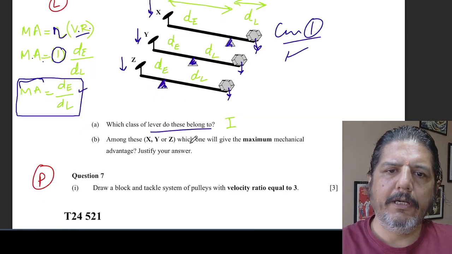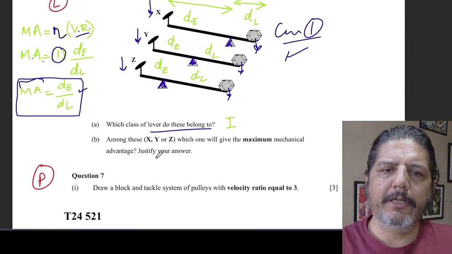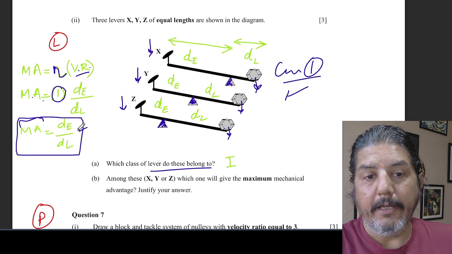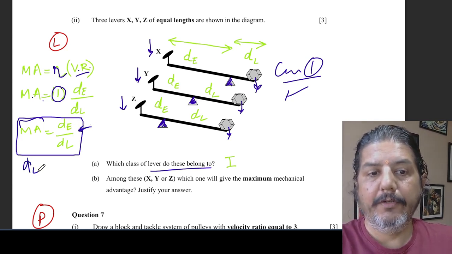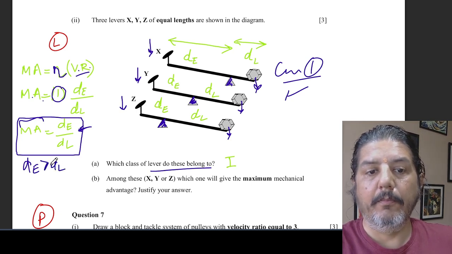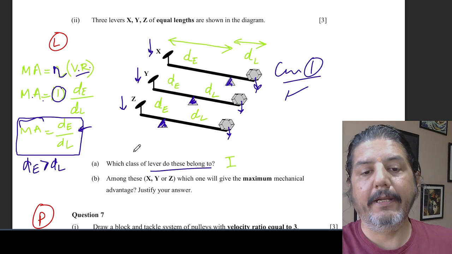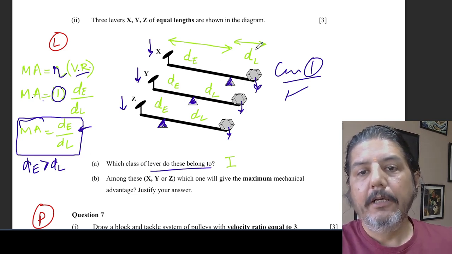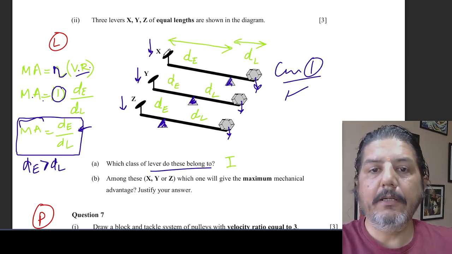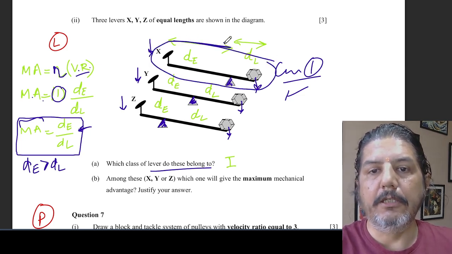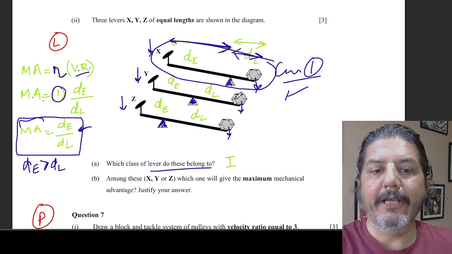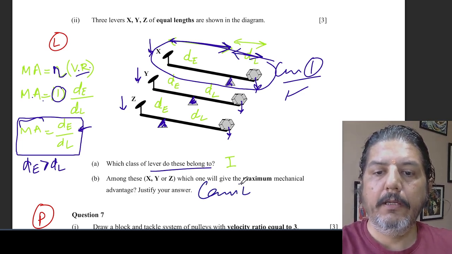And now when the question is being asked, which will give the maximum mechanical advantage, it is the figure which has more dE than dL. Whichever figure has more dE than dL would give me the maximum mechanical advantage. So the dE to dL ratio is maximum in case 1, because this is dE and this is dL. So case 1 would be my correct answer.